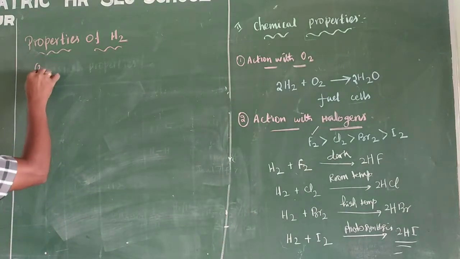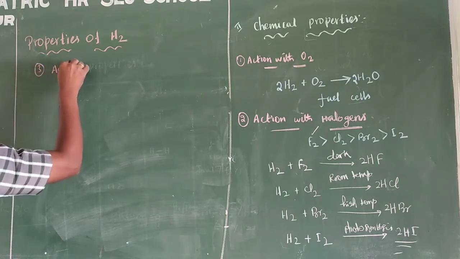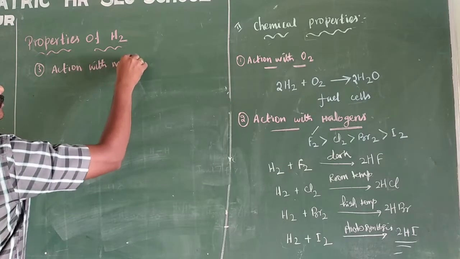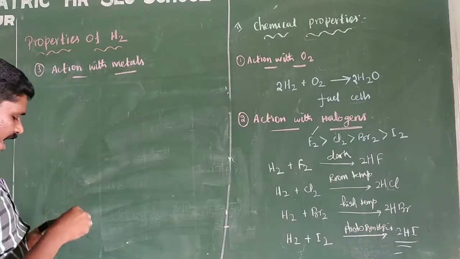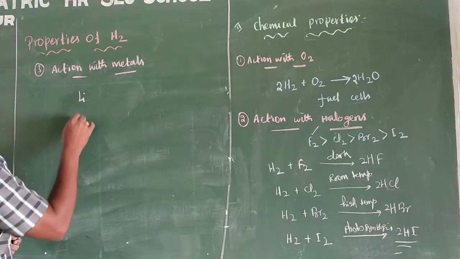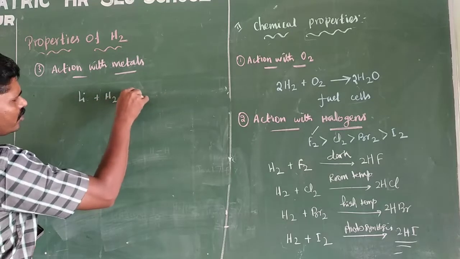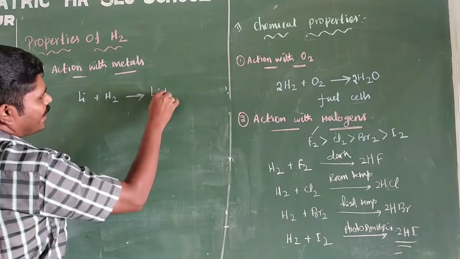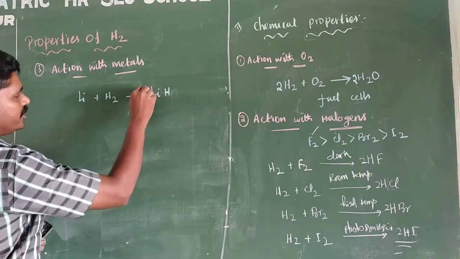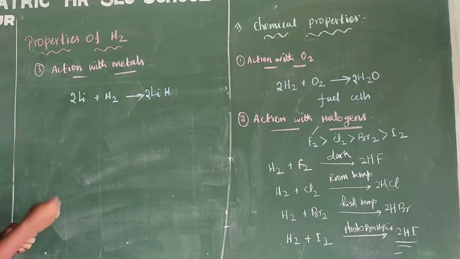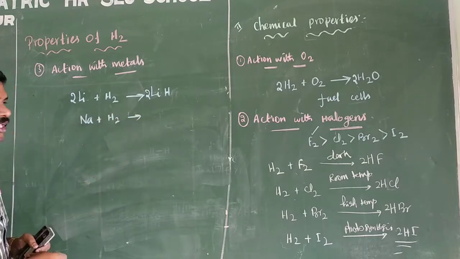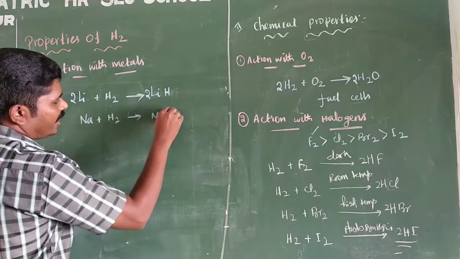The third one is the reaction with metals. Lithium reacts with hydrogen to give lithium hydride. Sodium reacts with hydrogen to give sodium hydride.